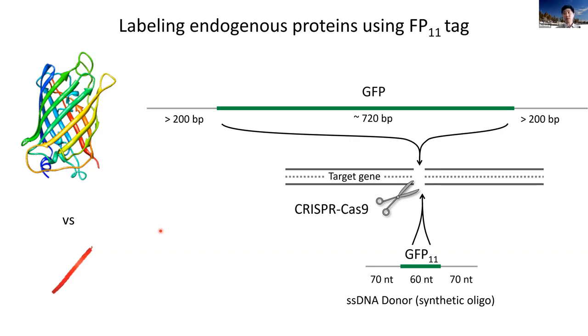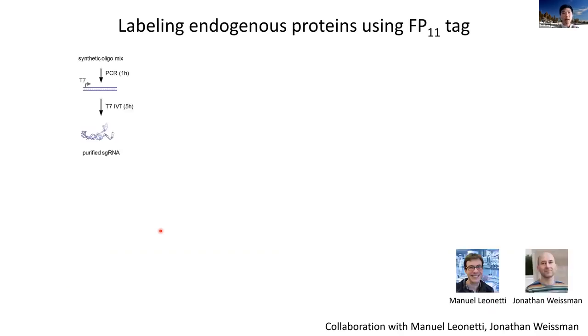To demonstrate knock-in at the scale of the whole genome, we teamed up with Jonathan Weissman's lab, in particular with the postdoc Manuel Nanetti, who is now a group leader at the Chan Zuckerberg Biohub.